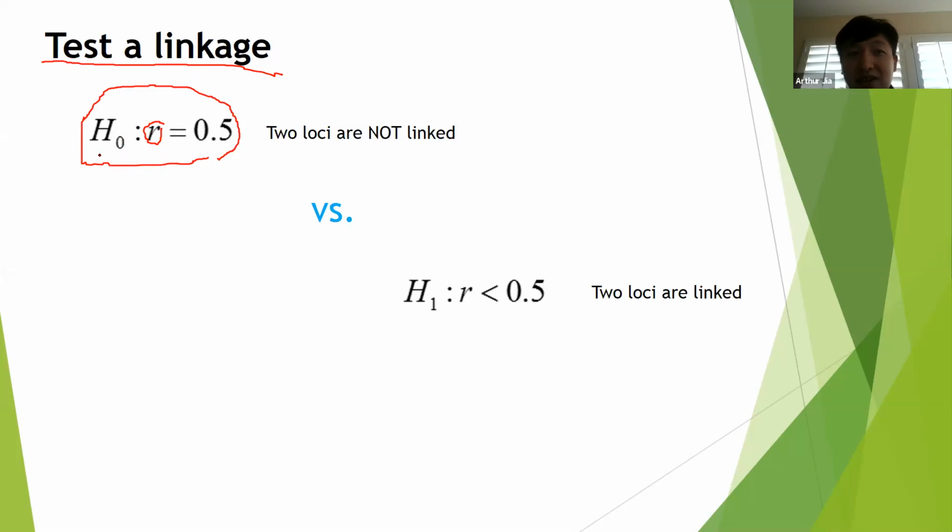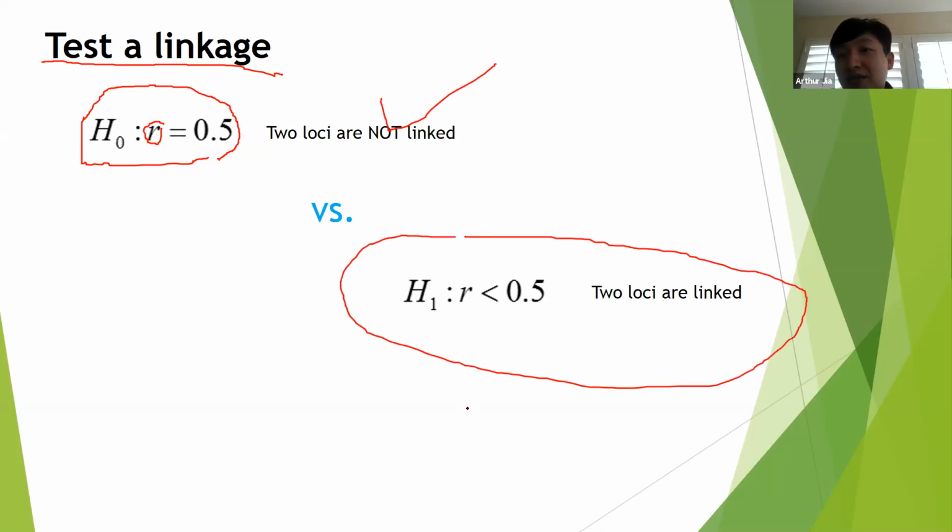The first one is the null hypothesis, which we label H-naught. Usually we put this null hypothesis on trial. If our data fit or support this hypothesis, we're going to accept it. Otherwise, if the data is not supportive of the null hypothesis, we're going to reject it and take the alternative hypothesis.